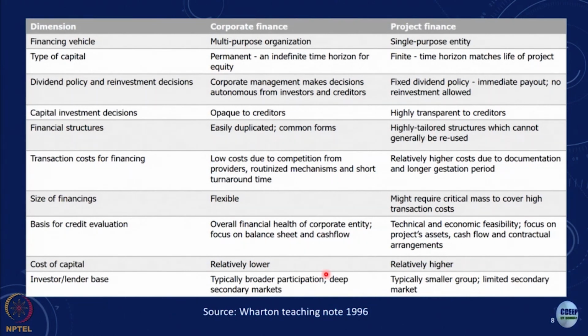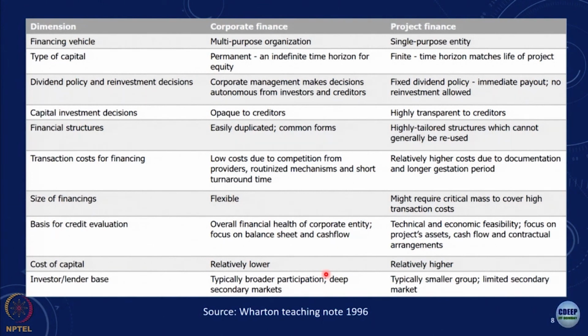The project is a single purpose entity. It has a final goal, it has a specified timeline, and that goal is to make a particular project with a particular output. In the case of corporate finance, there should be a permanent and an indefinite time horizon for the equity which is being put.